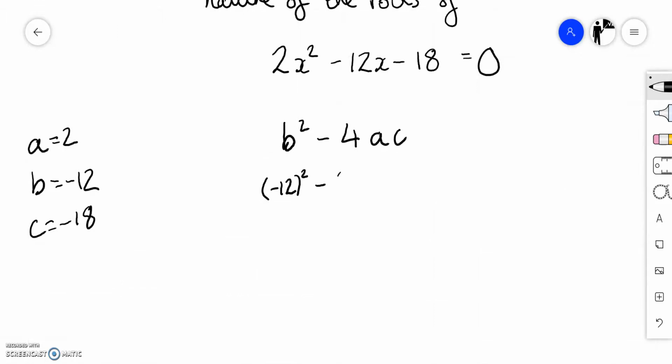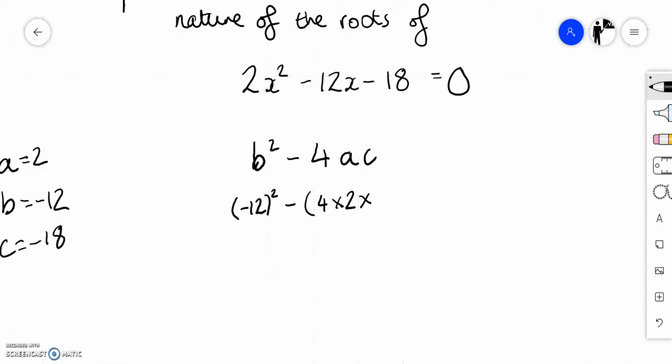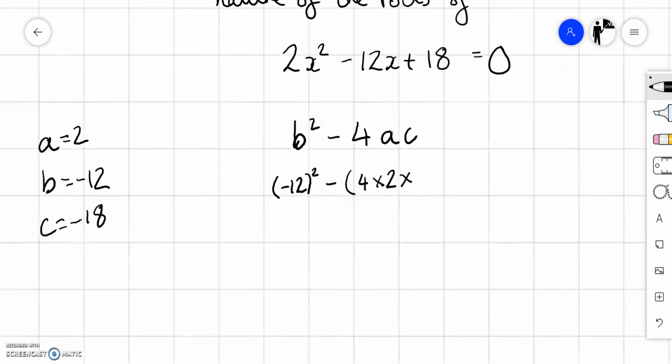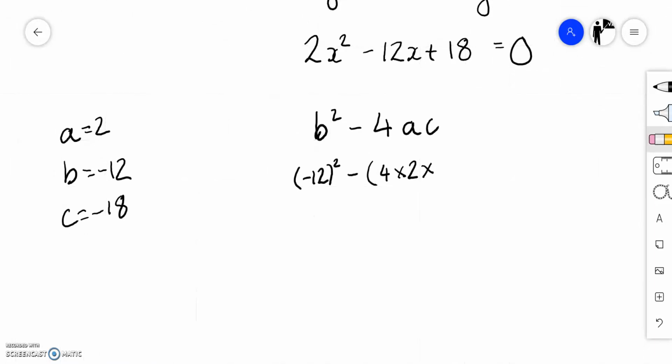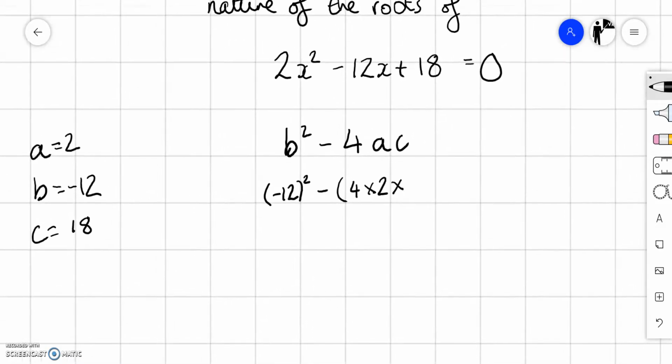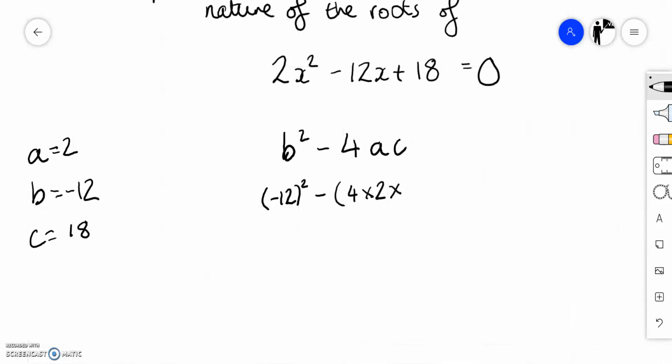Minus 12 squared, subtract 4 times 2 times, actually I want to make that plus 18, I meant to change that. There we go. So it's 2x squared minus 12x plus 18, so a is 2, b is minus 12 and c is 18.